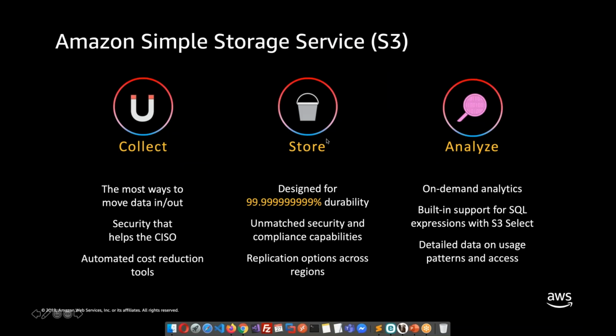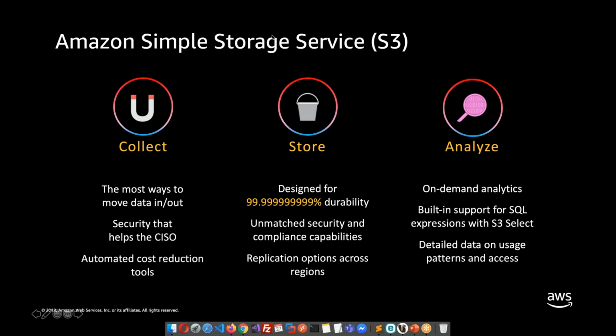Amazon S3 is designed for high durability. It has 11 nines of durability, unmatched security and compliance capabilities, and replication options across regions. Amazon S3 can be hosted in a region, then it's replicated into multiple availability zones.